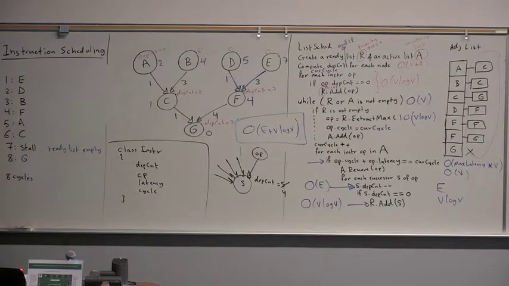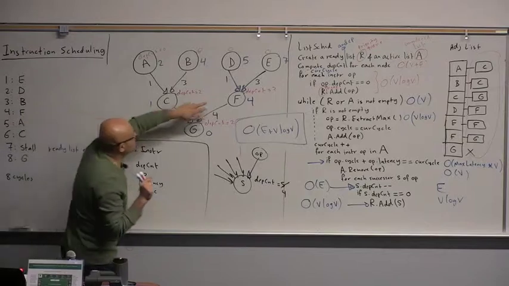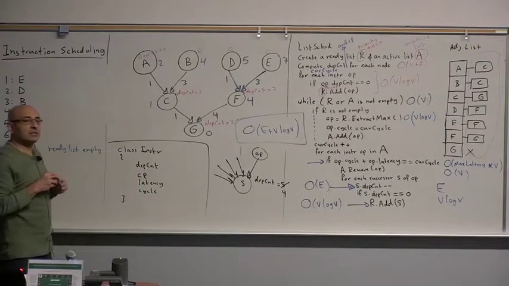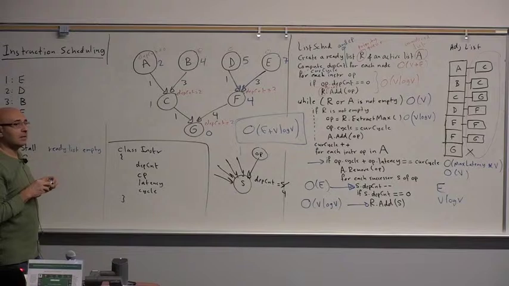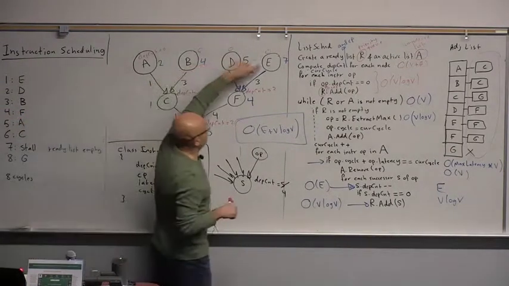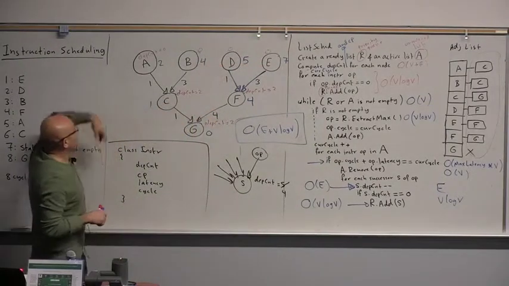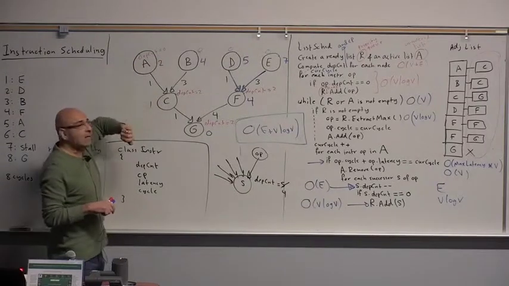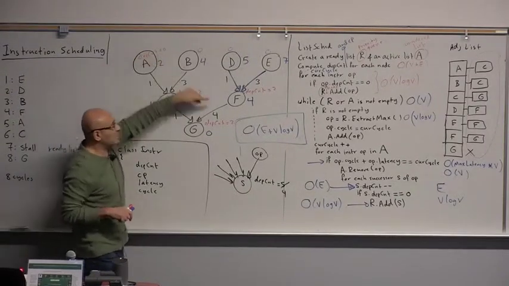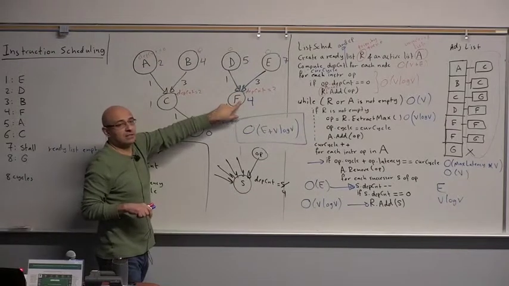But in fact, in this case, can we do this with 2 registers? Not without spilling. Well, if we have 2 registers, can we do this whole thing with 2 registers? I don't think so. Suppose that we do these. We need a register for this and a register for this. Then we need a register for this and a register for this. But in order to do these 2, we have to store the result of this in a register.